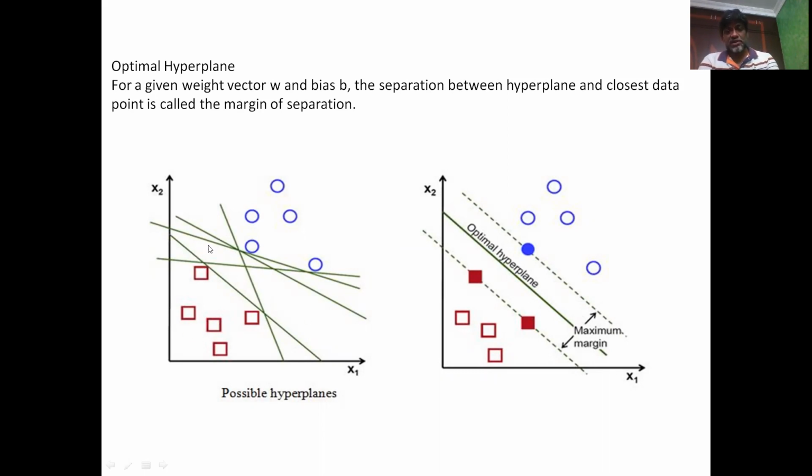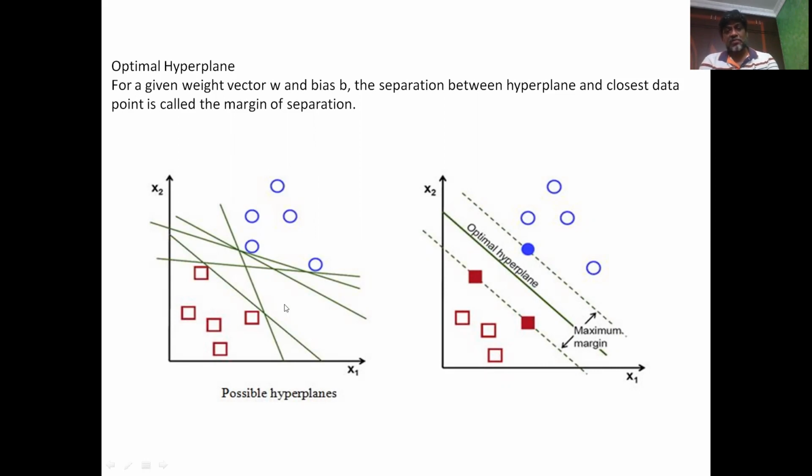If you observe this diagram, there are many possible lines we can draw that satisfy wx plus b equals 0 and separate these input patterns into two classes. You can draw a line here to separate these squares from the corresponding circles, or you can draw a line like this to separate them into two classes.